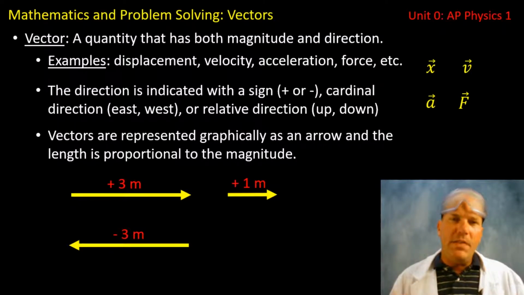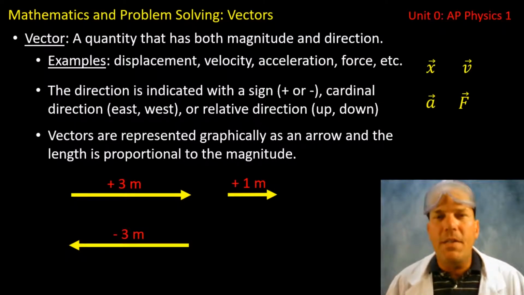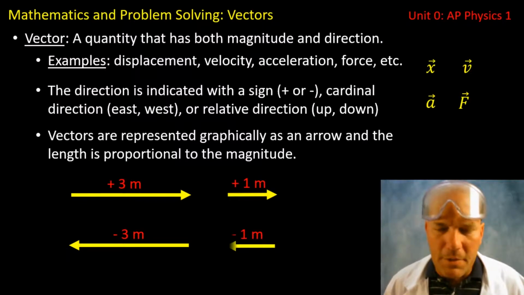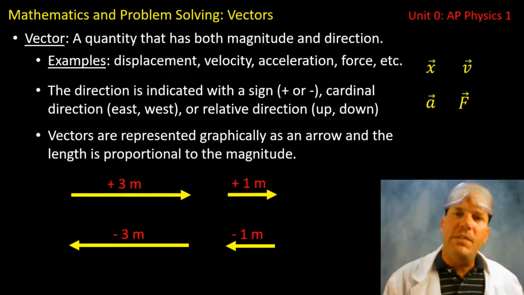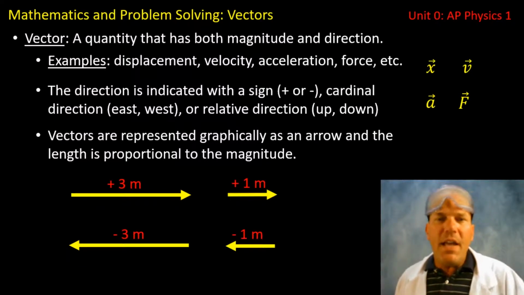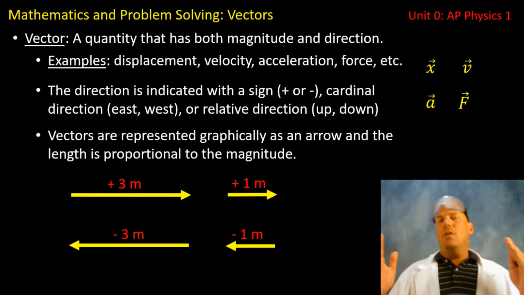Now, let's compare that to negative 3 meters. So this is going in the opposite direction, and negative 1 meter, the arrow points in the opposite direction. So our positives and negatives correspond to directions that are relative.